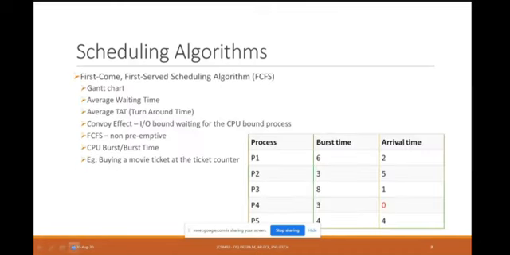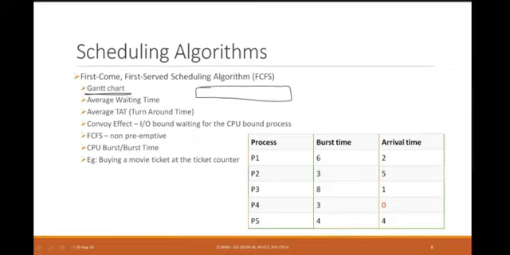Okay. So take down your notebook. Any scheduling algorithm that you're going to do, you're going to draw a Gantt chart. Gantt chart is nothing but a block, like this, which will tell whatever the process that is going to be in my CPU at any point of time, till the time of completion or the end time.